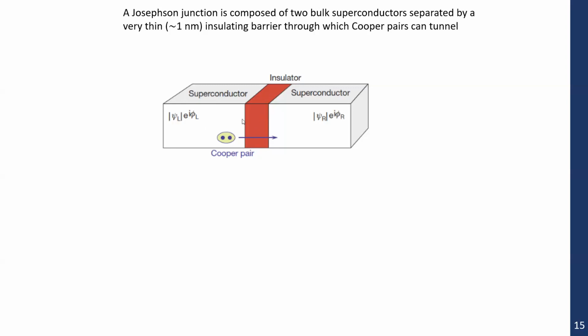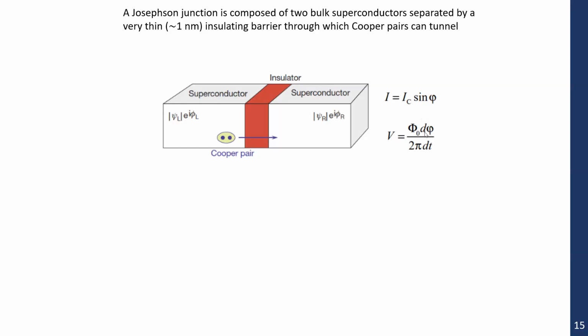And the key point here is that the current through this junction depends on the quantum phase between the states of the Cooper pairs from both sides of the insulator, like here.